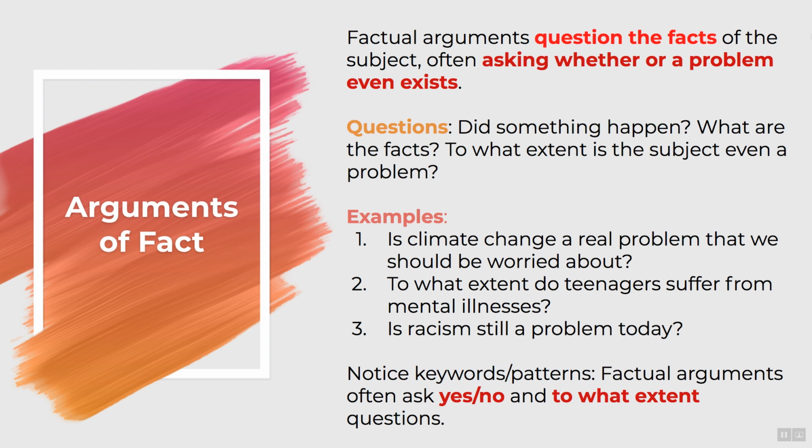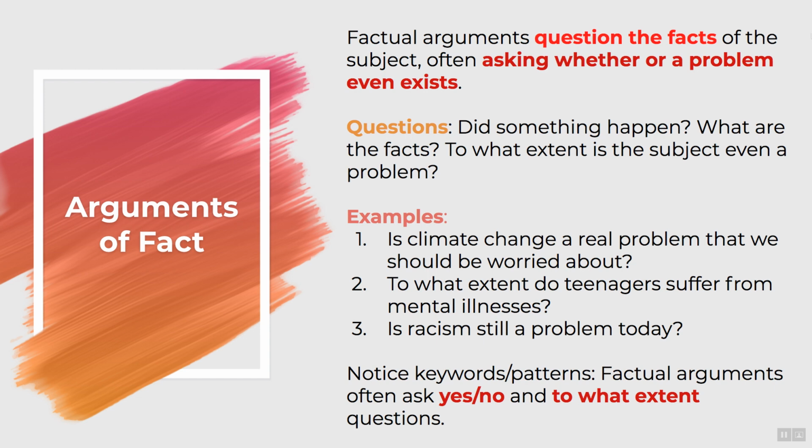So some questions that we might ask when entering a factual argument are, did something happen? Did this thing happen? What are the facts? Can we arrive at some kind of verified conclusion about the subject itself?